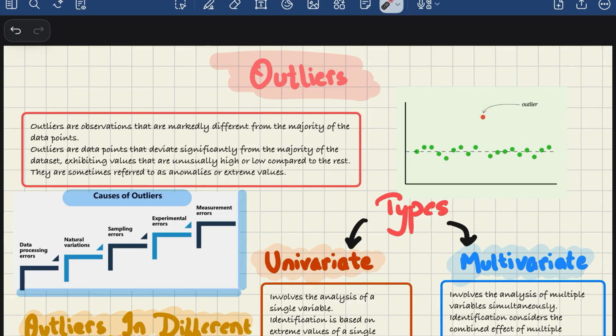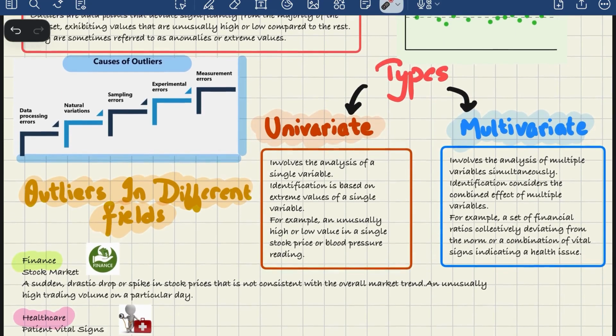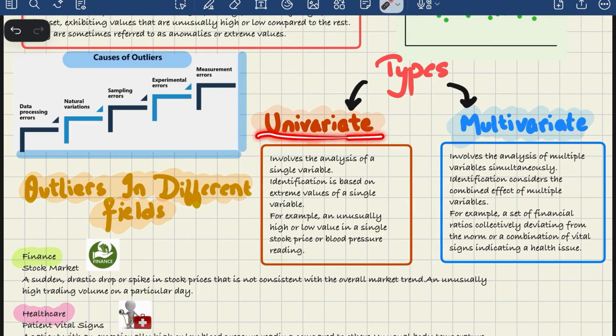So now outliers come in two distinct flavors. One is univariate, and the second is multivariate, right? Understanding the difference prevents you from missing the stealthier ones. All right, so univariate means an extreme value in a single isolated column. So it sticks out like a sore thumb all by itself.